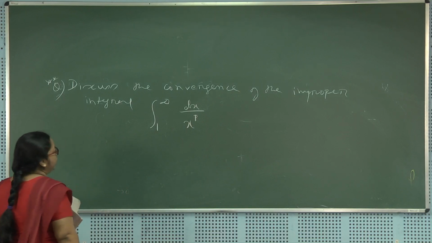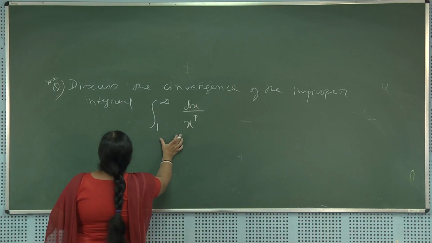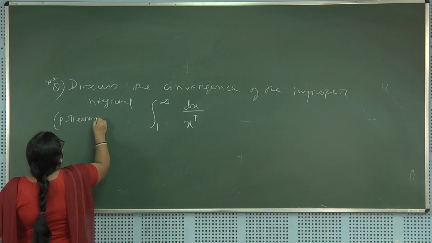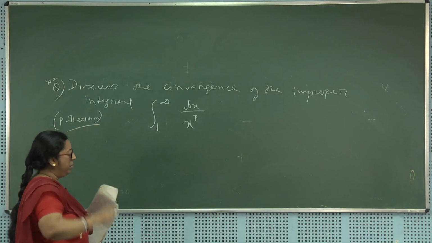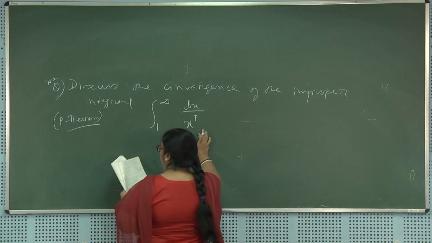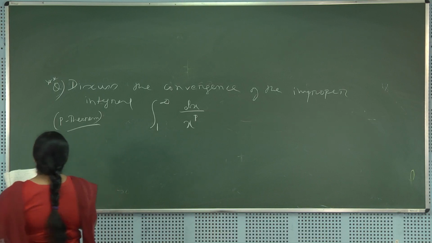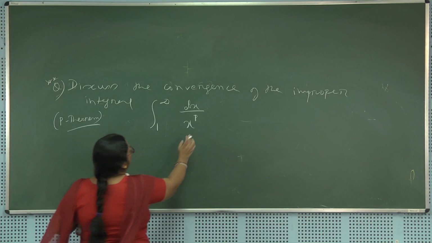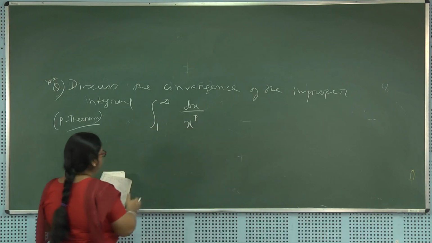First of all, this is a very important integral. It is sometimes called the p theorem. In solving other, complicated problems, you might need to use this result. It is an advantage if you know this. So, what is it? It says to discuss the convergence, meaning what will be the cases on p so that this integral will converge.